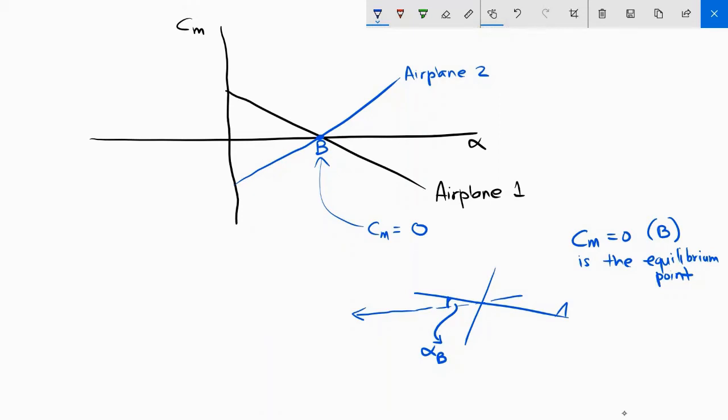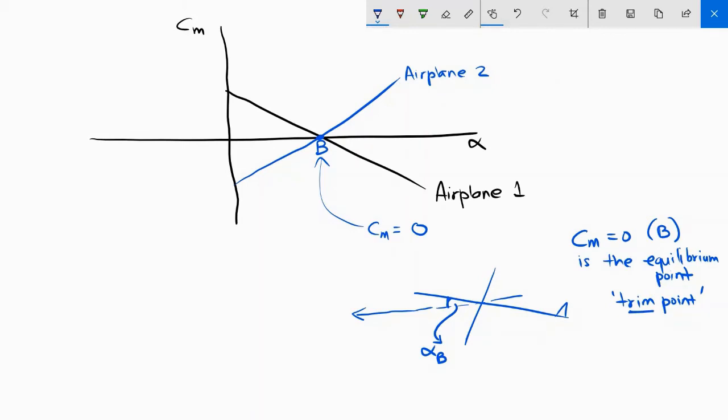It's also called the trim point. When the aircraft is trimmed, that means it is in equilibrium. It's not going to start changing its angle of attack or changing its altitude. It will maintain its state. So trim point, you have to remember this. Trimmed condition means equilibrium condition.